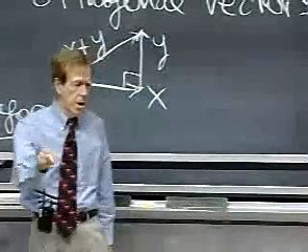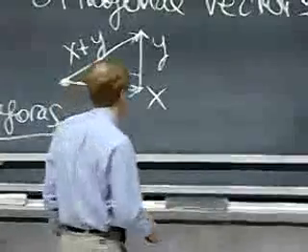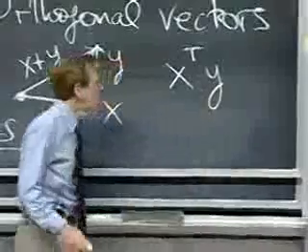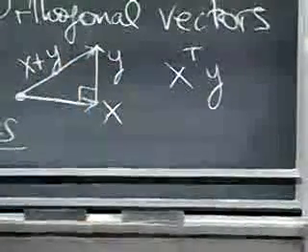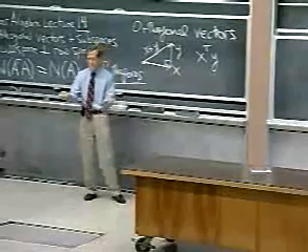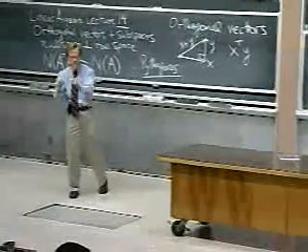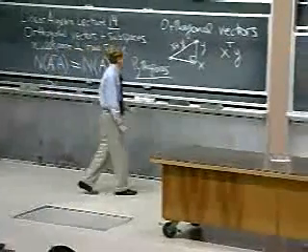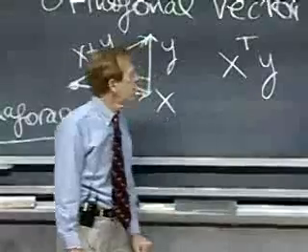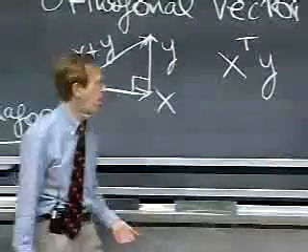I take the dot product, which I tend to write as x transpose y, because that's a row times a column, and that matrix multiplication just gives me the right thing, x1 y1 plus x2 y2, and so on. So these vectors are orthogonal if this result, x transpose y, is 0.